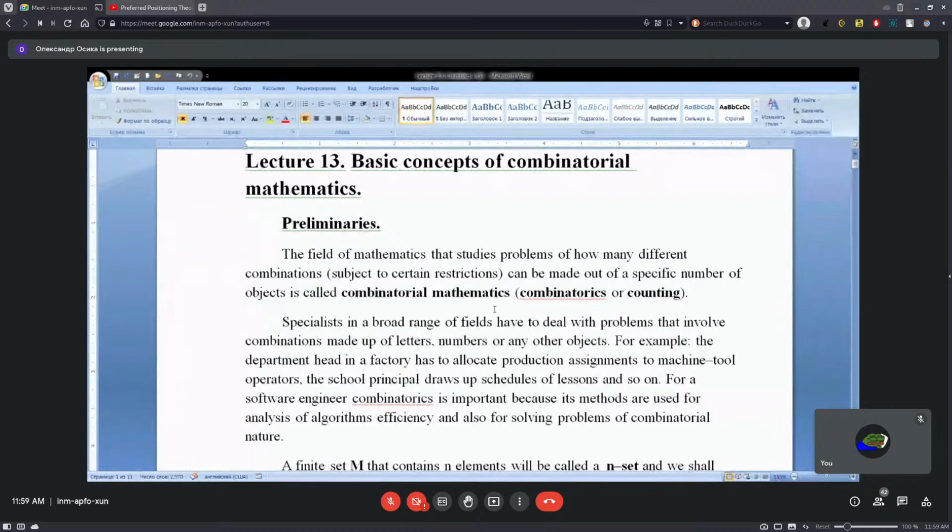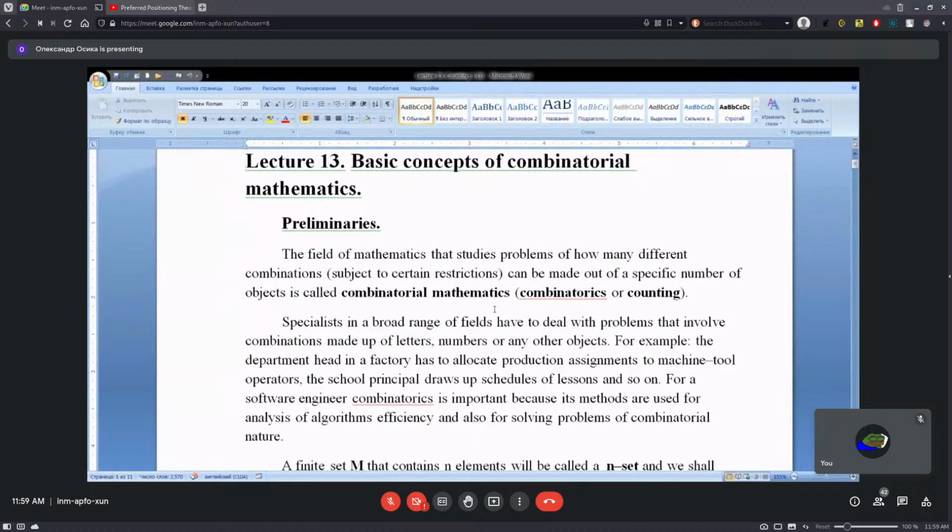I must tell you that there is no short, concise, and precise definition of what we mean by combinatorial mathematics, or combinatorics, or counting. They normally give it by a list of topics studied in this or that book. So those parts of combinatorics are very different in nature.